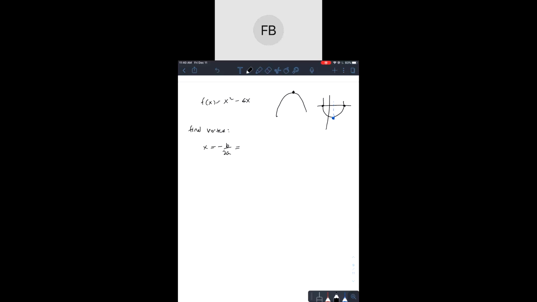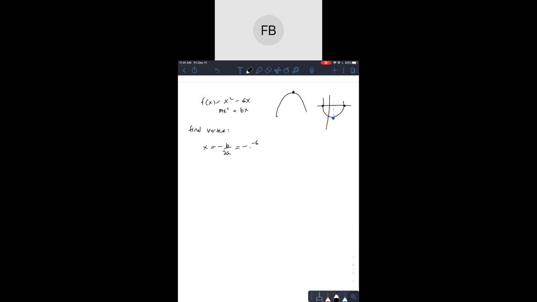They're both cool. So b is, in this case, is just going to be 1, right? Or no, 0. Wait, no. Okay, yeah, it's going to be -6, right? Because this is ax squared plus bx.